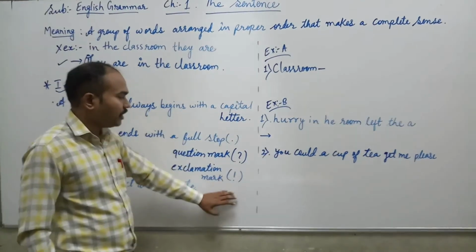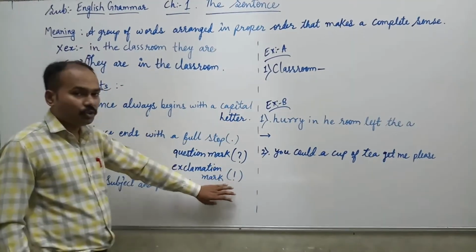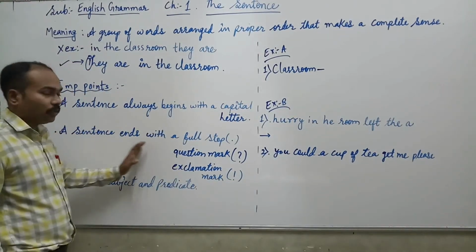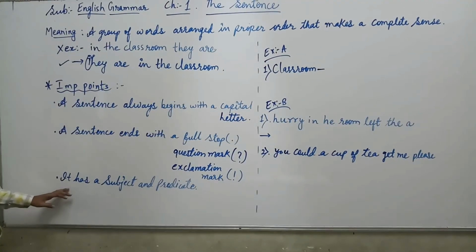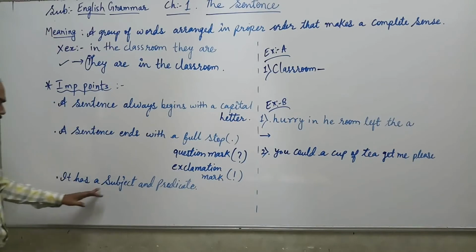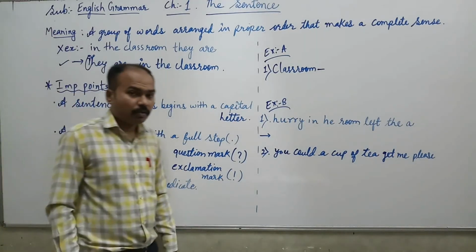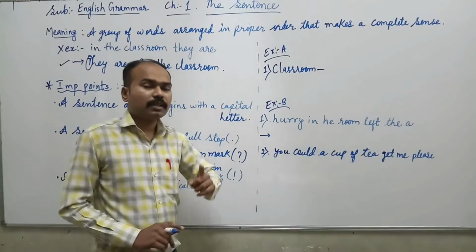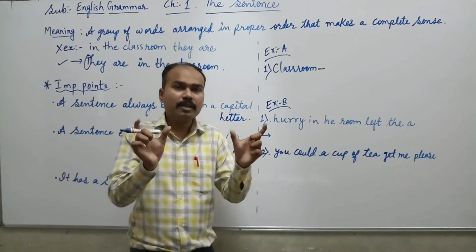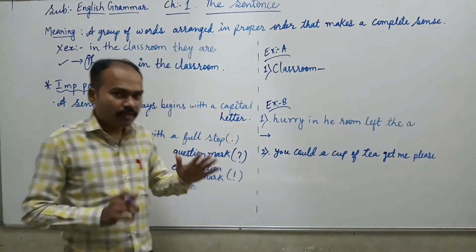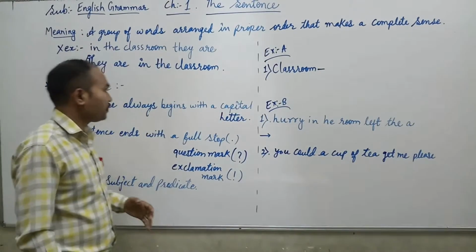These punctuation marks are compulsorily used after writing a sentence. Moving further, a sentence contains one subject and one predicate. This we will learn afterwards.